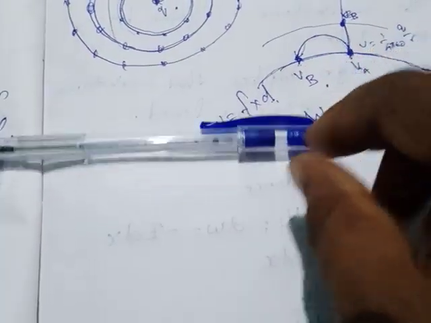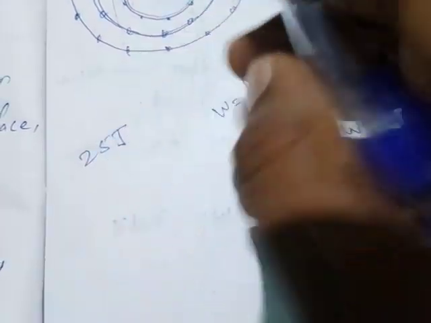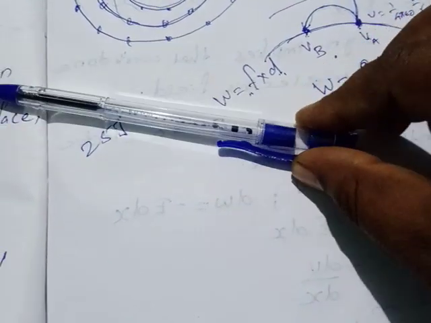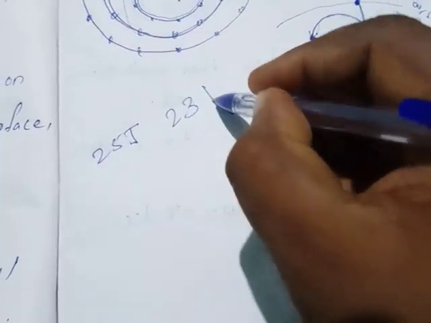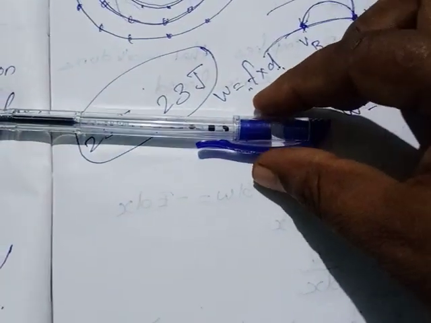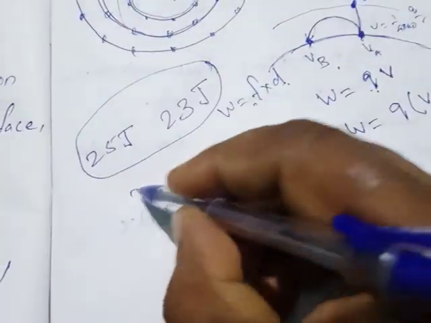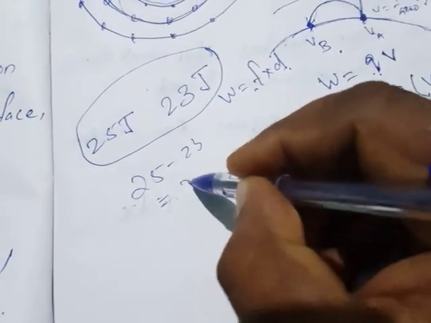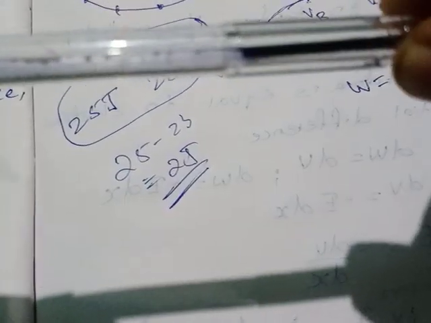Now the energy is 23 joule. So how much work is done to move this pen from this position to this position? 25 minus 23 is equal to 2 joule of work done to move the pen from this position to this position.